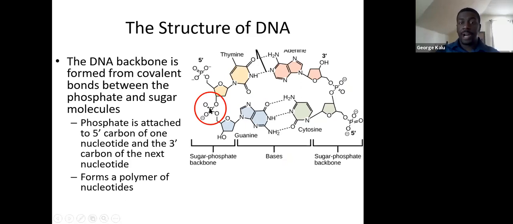So the phosphate gets bound to 2 different nucleotides at the same time, and that is what holds the 2 legs of your DNA, or your DNA backbone, together. That's going to end up forming a polymer of our nucleotides, and these are going to be made by covalent bonds.